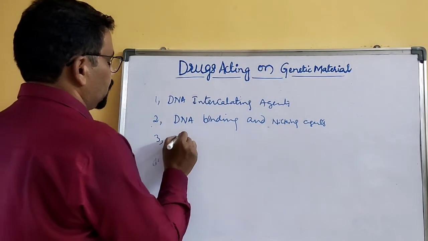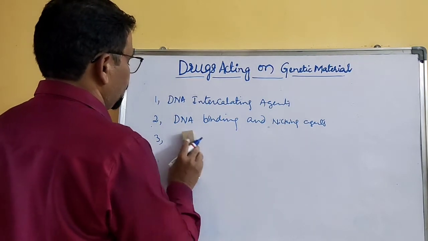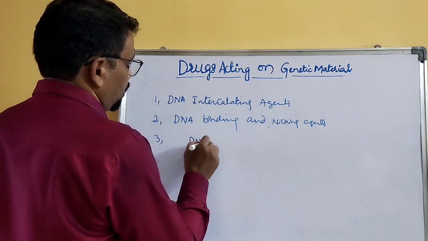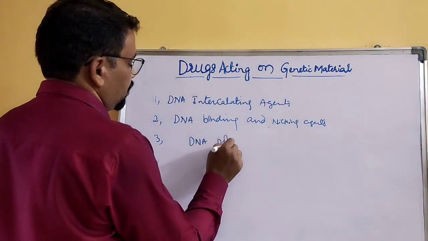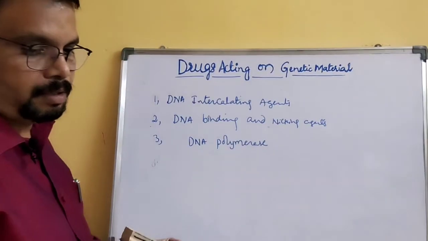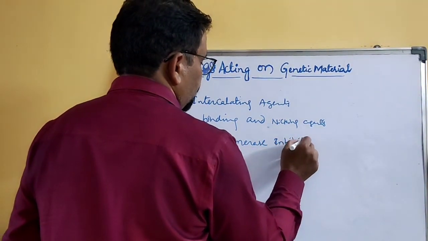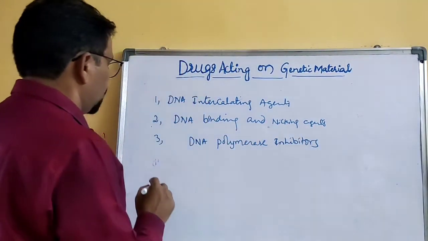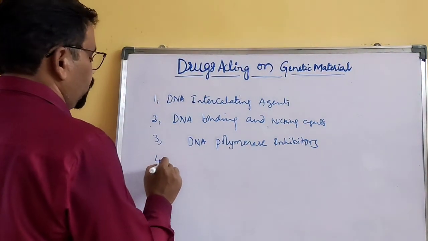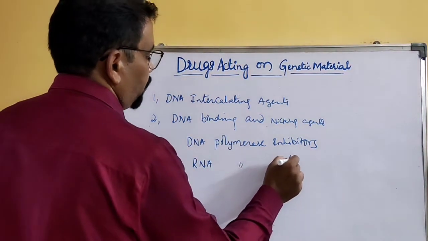And third, DNA polymerase inhibitors. Fourth one is RNA polymerase inhibitors.